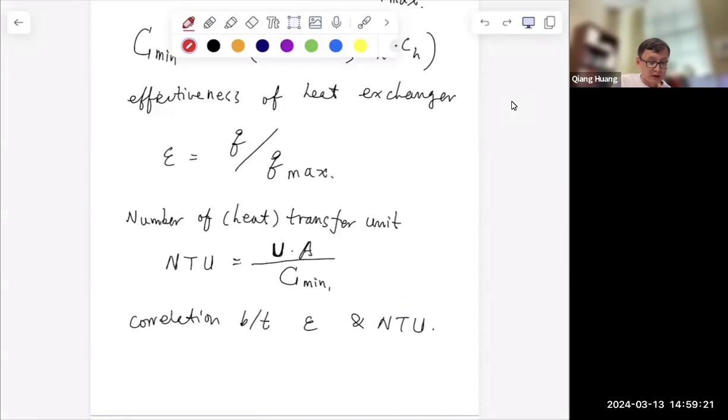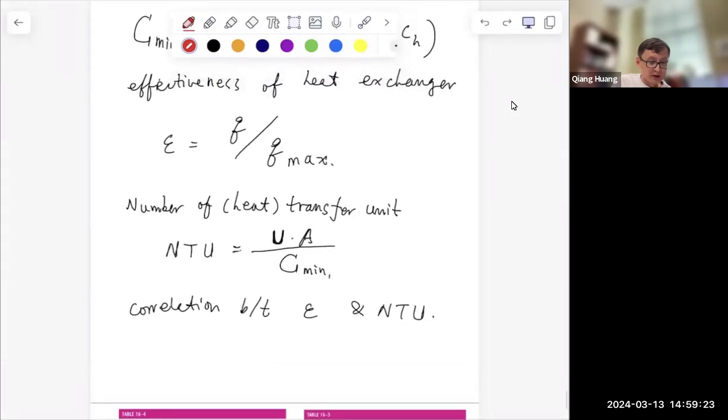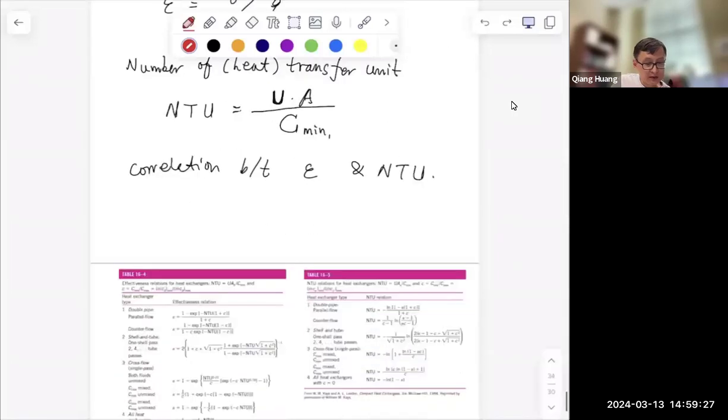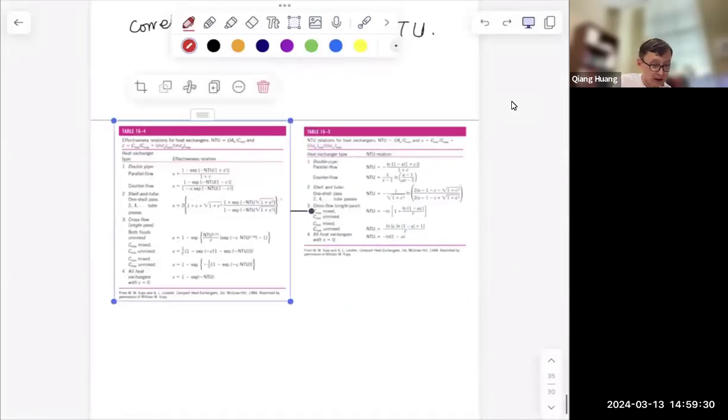So what we truly need is this correlation between these two. Once we have that, we can solve the problems.